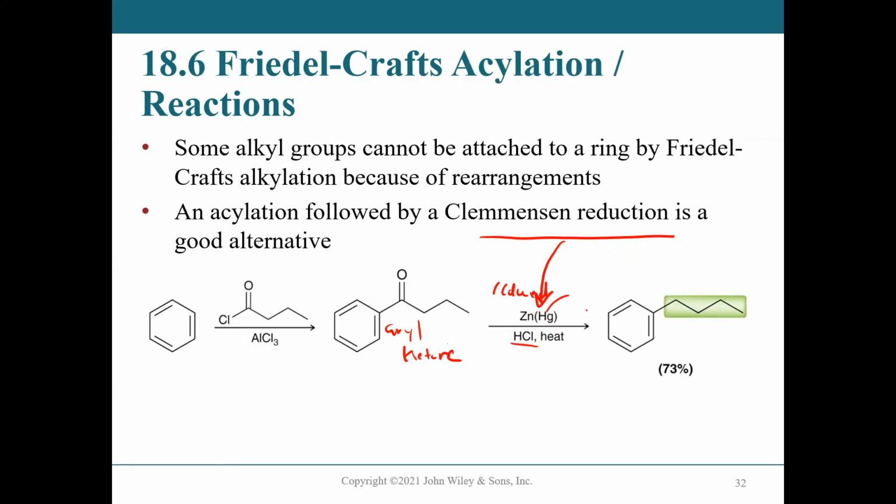So if you ever do a Clemmensen reduction in a lab, please be very careful and do this in a fume hood. You would not want to be breathing in mercury vapor or HCl vapor either. I've worked a lot with mercury in the past, and whenever I was working with mercury, I was very, very careful on how I was working with it.